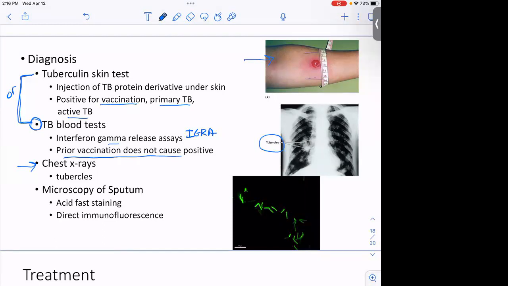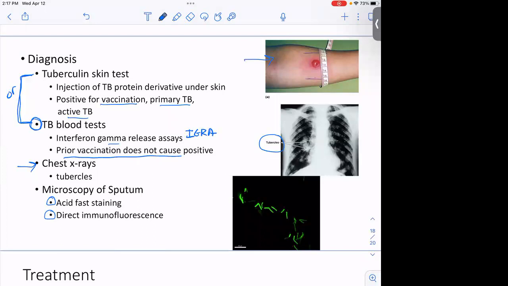If they do find those tubercles, then they'll try to do some microscopy of sputum. So not just saliva, you've got to really get the patient to cough up something from their lungs. And they'll either do some acid fast staining, or probably more likely, they'll use some kind of fluorescent microscopy where they can tag very precisely that mycolic acid, and then only cells with mycolic acid will fluoresce.